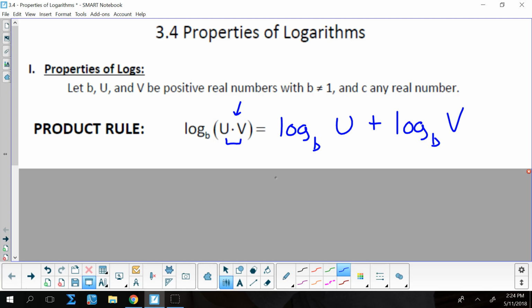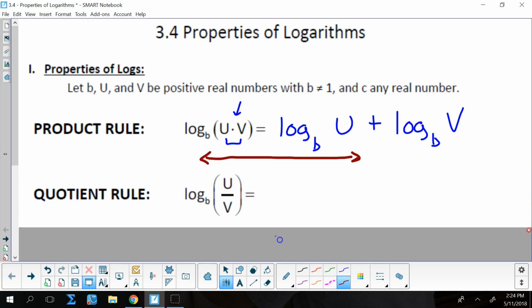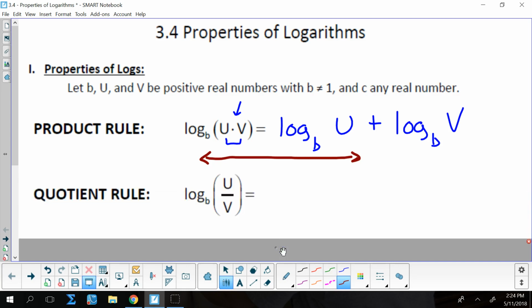And the product rule works when we are expanding. When we are condensing, which you also will have to do in this part, is going the other way. So you have multiple logs, we condense it down into one log. Okay? The next one is called the quotient rule.